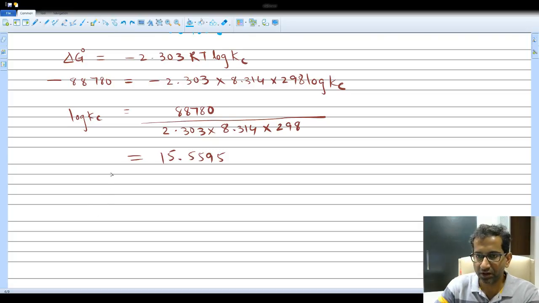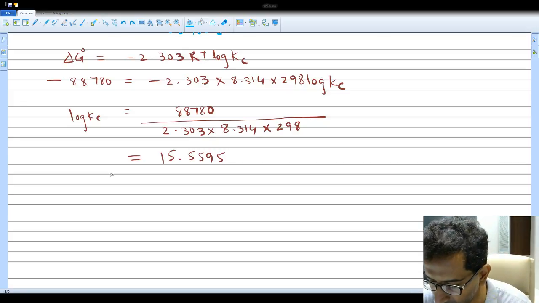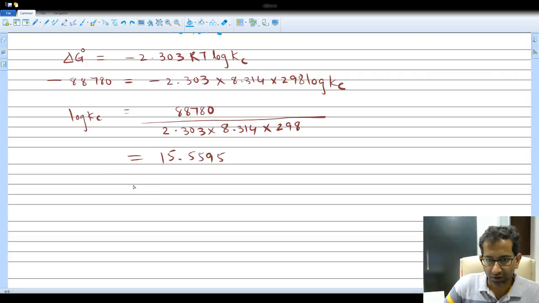Now antilog of this, 0.5595, is 3.626, into 10 raised to 15.